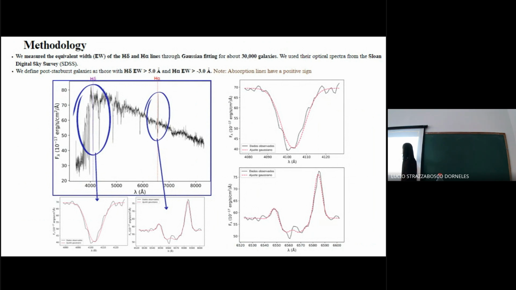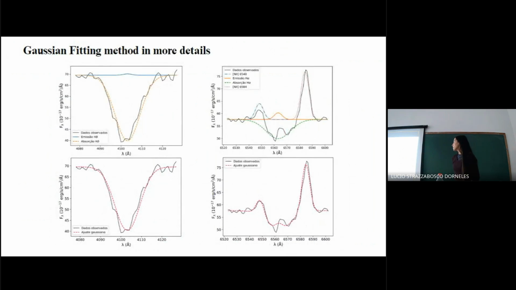This is for H delta, and this one is for H alpha. I'll increase the figure. Here we have lots of Gaussian fittings, just for you to see more details.